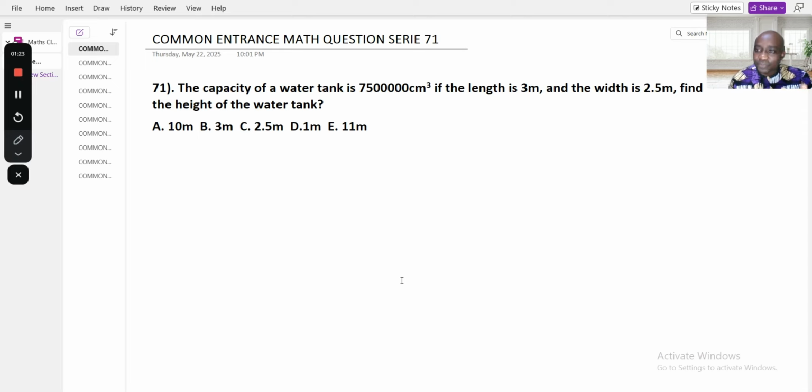There are two types of tank. We have a rectangular tank and we have a cylinder tank. The volume for each one is different. Let me draw the rectangular tank.